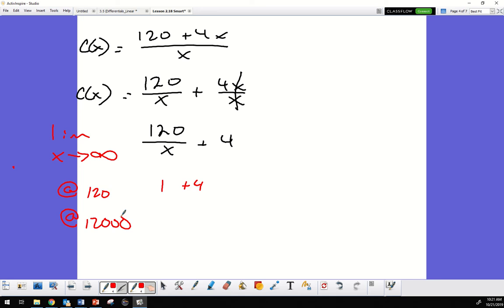I'm hoping you people actually calculate, like button pushing and stuff like that. Anyone have an answer yet? 1 over 100. As a decimal, that's going to be 0.01 plus 4.